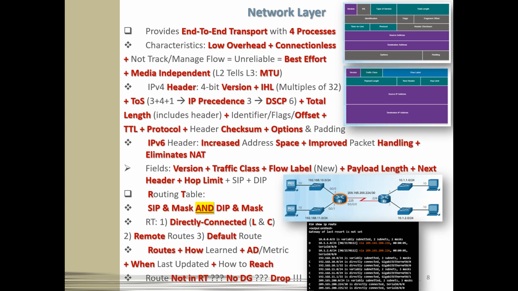Next header field is time to live, TTL. It is possible for an IPv4 packet to roam aimlessly around the internet. We don't want this to happen. If there is a routing problem, this may happen and we may have a routing loop. So you don't want your packets at the end of the day to be forwarded forever.